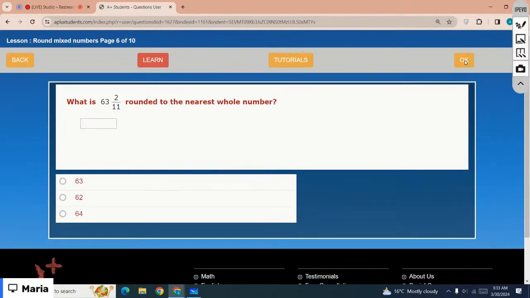Okay, the next one is 63 whole 2 by 11 rounded to the nearest whole number. So which is the correct option?